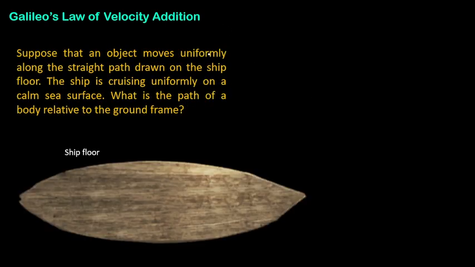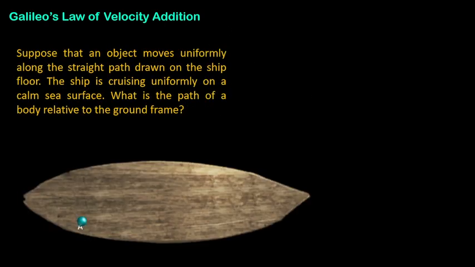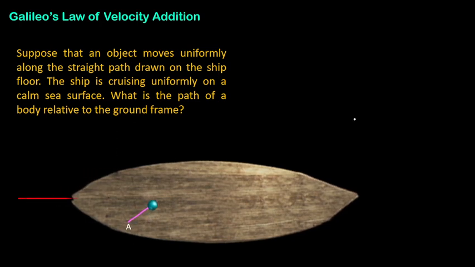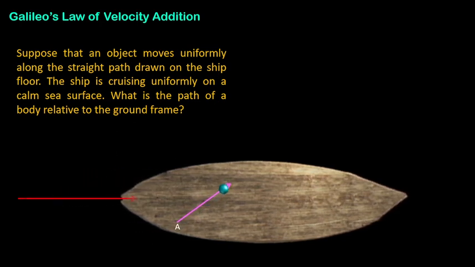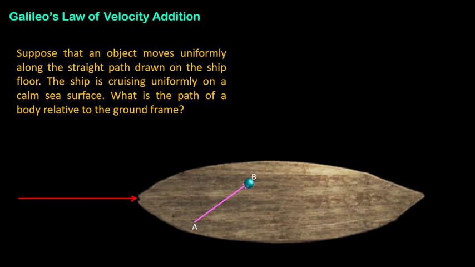Suppose that an object moves uniformly along the straight path drawn on the ship floor. The ship is cruising uniformly on a calm sea surface. What is the path of the body relative to the ground frame? The straight line represents the path of an object on the ship floor.